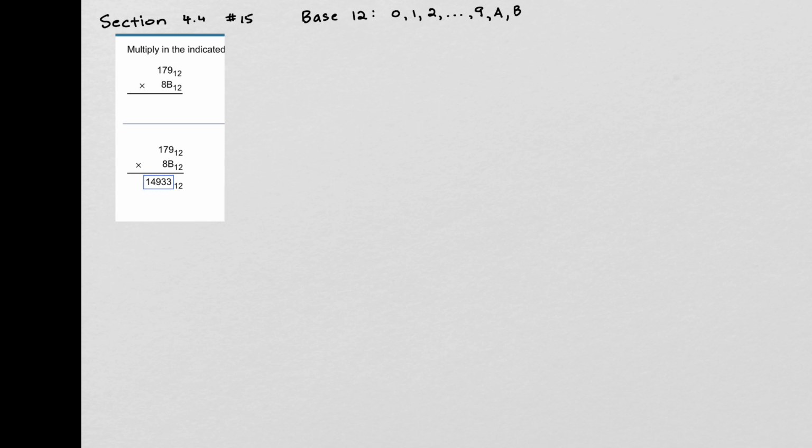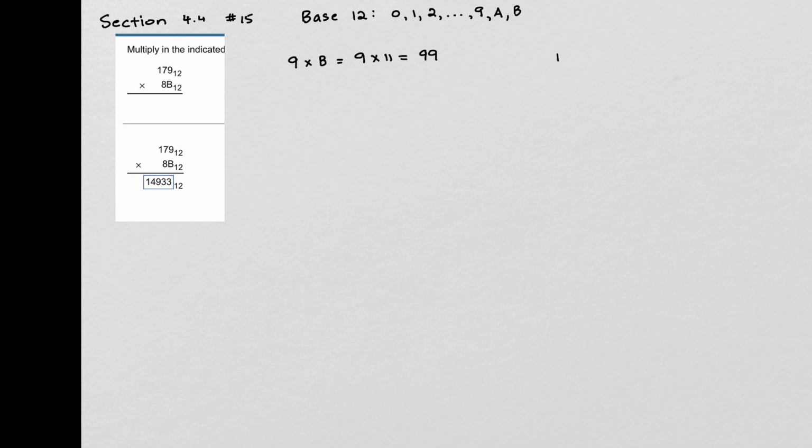So now we have those 12 digits, 0 through 11, to use in base 12. Okay, so now we have 9 times B. That's where we're going to start. Well, B means 11. And 9 times 11 is 99.